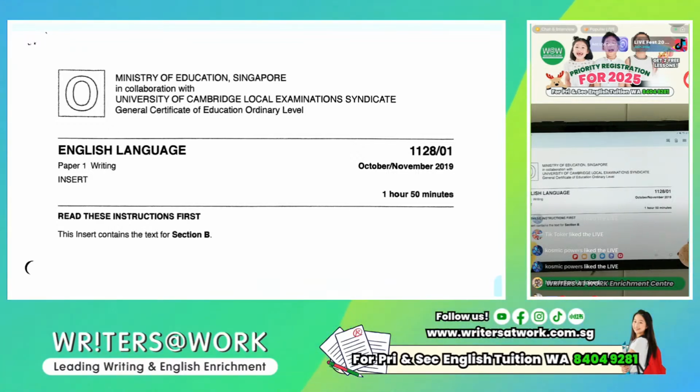Now, I believe most of you have access to the necessary resources that will give you the answers. As such, the goal of me going through the paper this morning for our visual stimulus and narrative text is more for you to pick up some skills needed to ace your O level examinations.